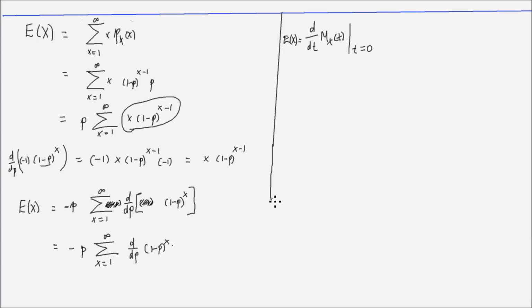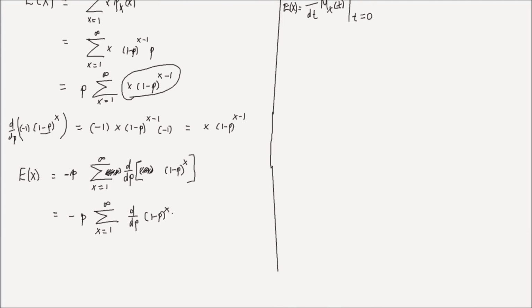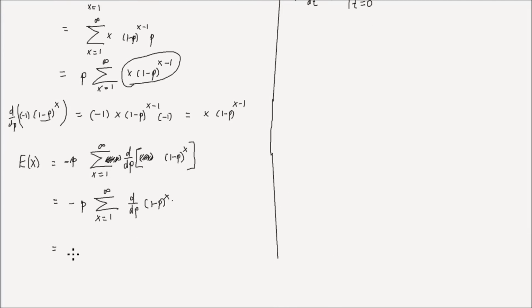You want to next interchange the derivative and the summation so that you have minus p times the derivative with respect to p of the sum x equals 1 to infinity of 1 minus p to the power of x.